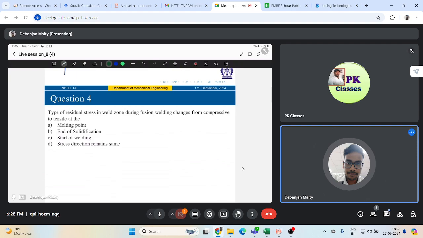These are empirical. Depending on their experiments, they found that if I add this much percentage of this element and this much of that element, I will have some value. So they have quantified that cracking sensitivity or crack susceptibility, whatever you call it. I want to note those down. So first is hot cracking.